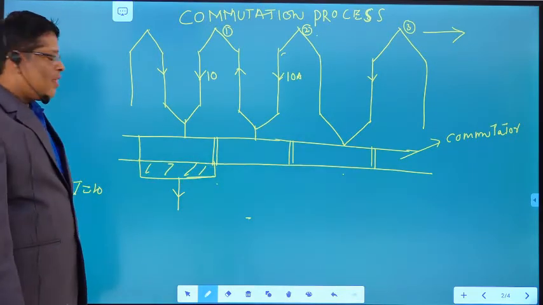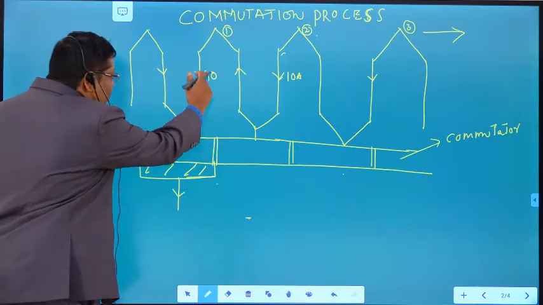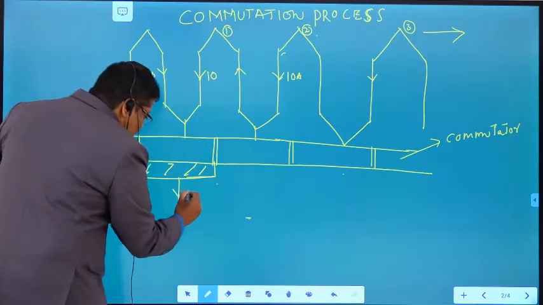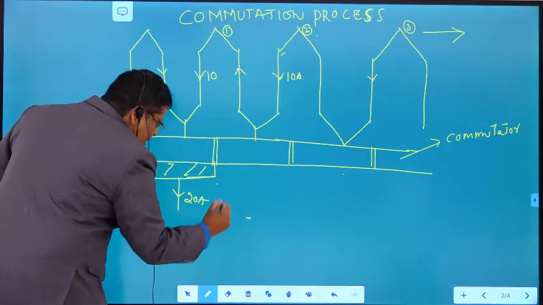Now coil 1 is supplying a current of 10 amperes, whereas this coil is supplying 10 amperes of current. The total current becomes 20 amperes.